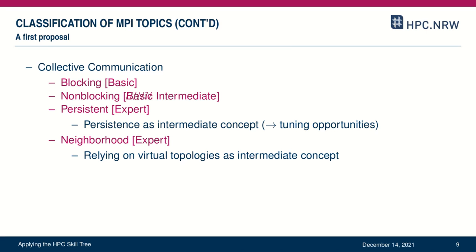So the neighborhood collectives that make use of Cartesian and graph topologies, they would be a concept that you don't necessarily need when you want to use virtual topologies. So you could get by with using virtual topologies with point-to-point and take the next step in your expertise by actually applying those in neighborhood collectives.